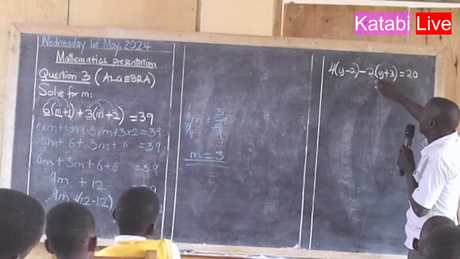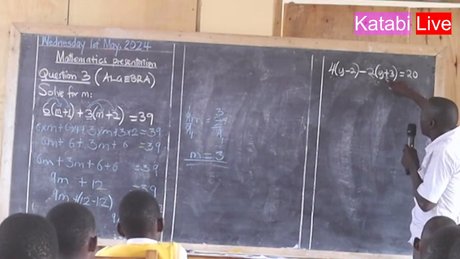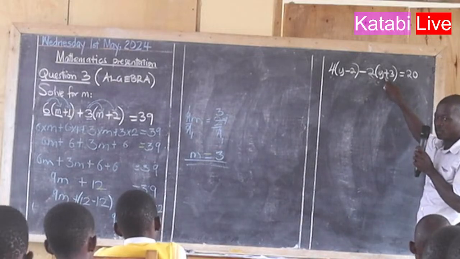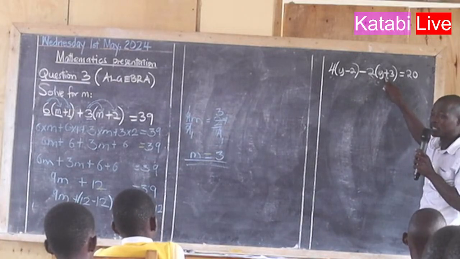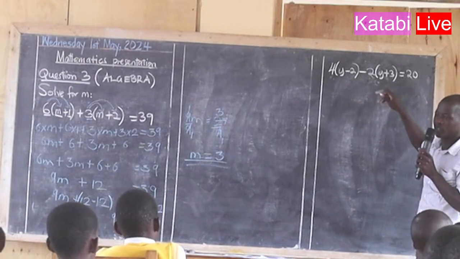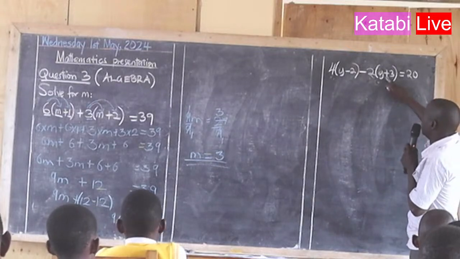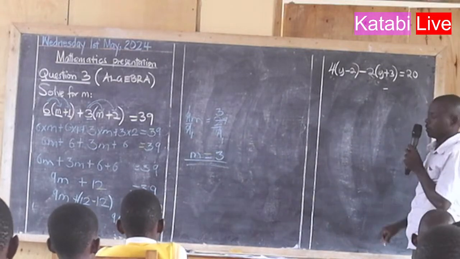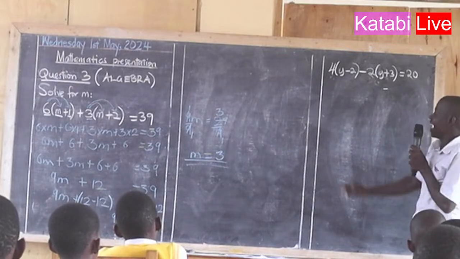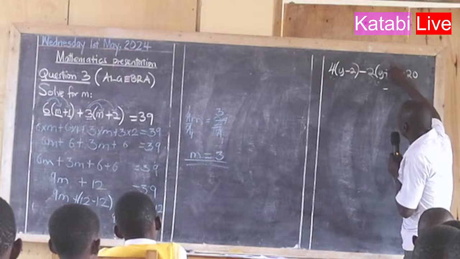If this is a negative number, then this operation has to change to its opposite. If here is addition, what's the opposite of addition? Subtraction. That means negative times the positive, you get what? Others will continue to be the same, but this one is going to change.